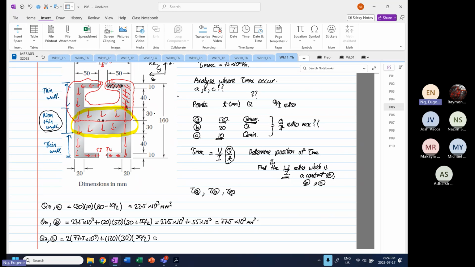So it's 2 times 7.5 to the power 3 is equal to 155 times 10 to the power 3, plus 120 times 30 divided by 2, 54 times 10 to the power 3. So 155 plus 54 is 209. Okay, so it's equal to 209 times 10 to the power 3.